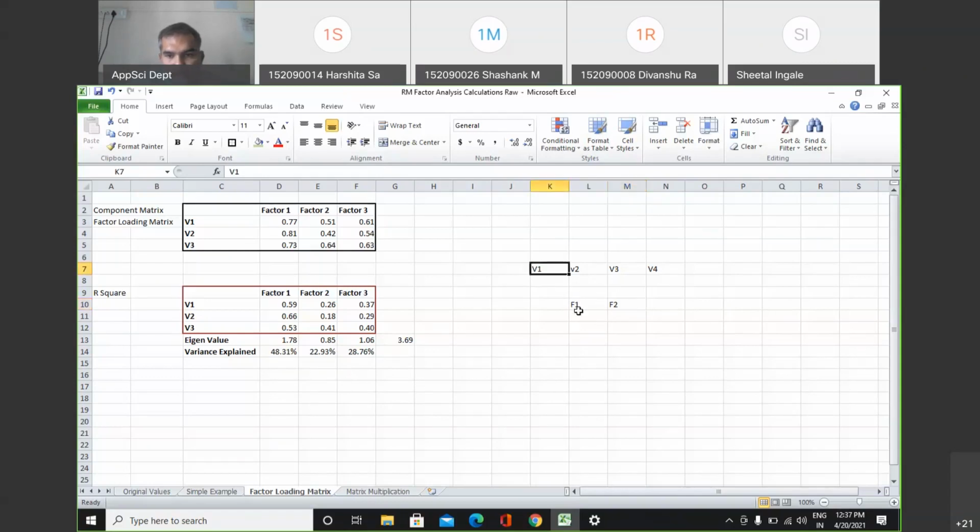What I was saying is, some part of the variance in V1 will be explained by F1, F2. Not everything will be explained by F1, F2. The part of variation in V1 which is explained by F1 and F2, that is called commonality for V1.